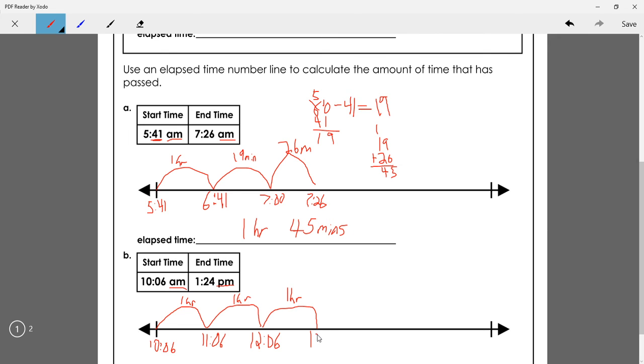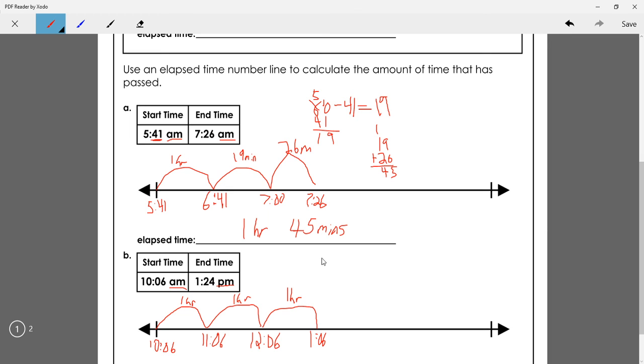So it is 1:06. And then if I were to hop another hour, it would be 2:06, which is obviously too much. So now I have to figure out how many minutes will it take from 1:06 to get to 1:24.